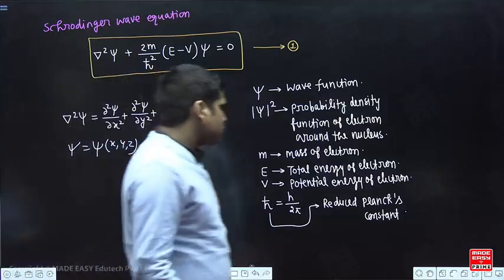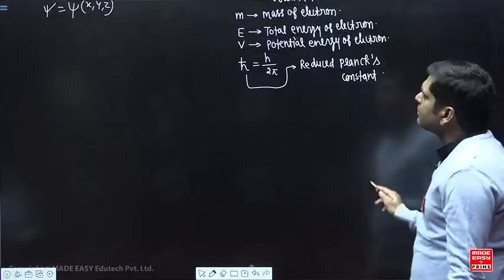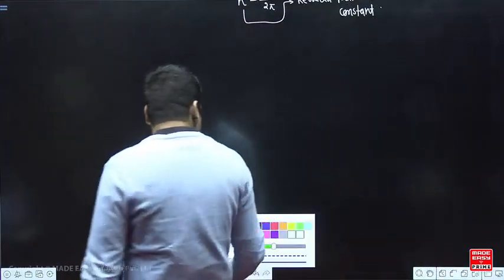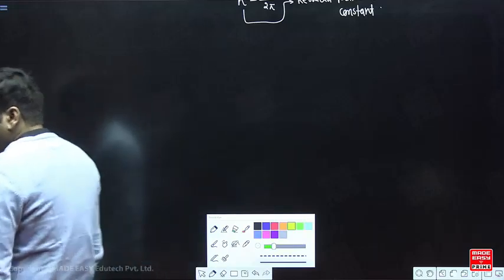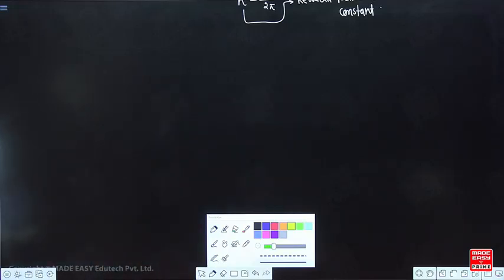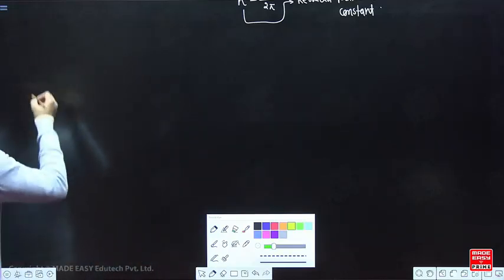So I said that quantum numbers are the parameters which help us to solve this equation in order to determine the position of electron. So let's talk about quantum numbers.